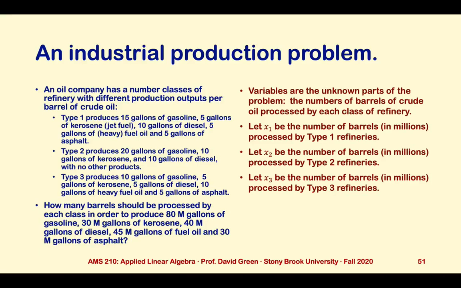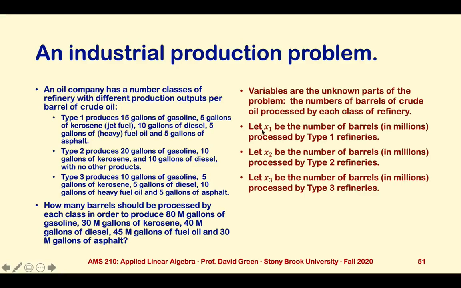In most cases, the variables are going to be the unknown parts of the problem, although in some cases there will be unknowns that we represent as symbolic constants instead, or as well. In this case, really the only unknowns are the numbers of barrels of crude oil processed by each class of refinery. So we define our variables to be those unknowns.